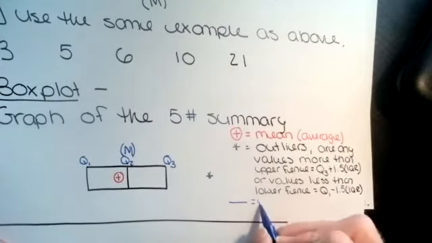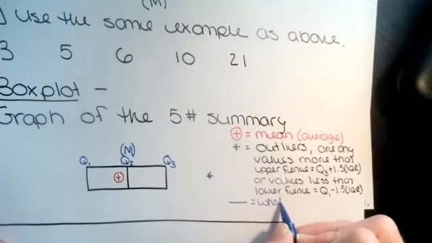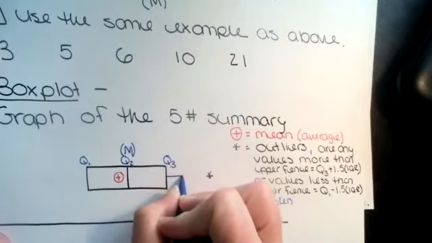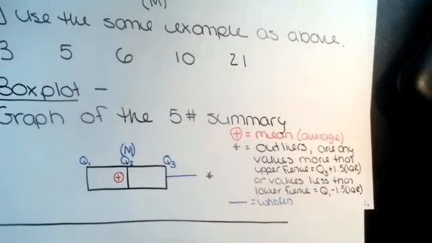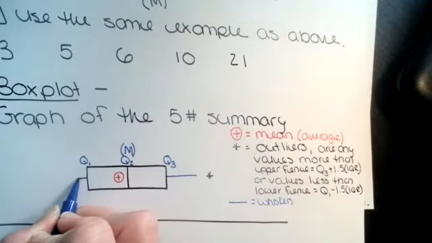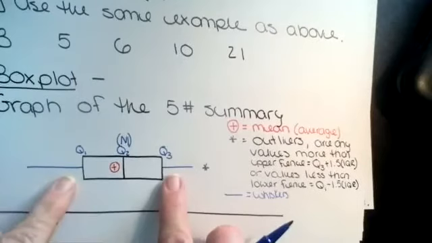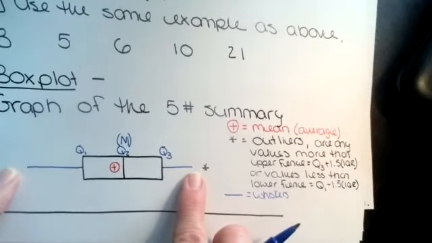This is part of my graph, the whiskers. And this shows me where all my data values go. I'm going to do it in a different color just so we have it. So my data values would go there, and maybe go all the way down here. The whiskers show how far out my data values go.